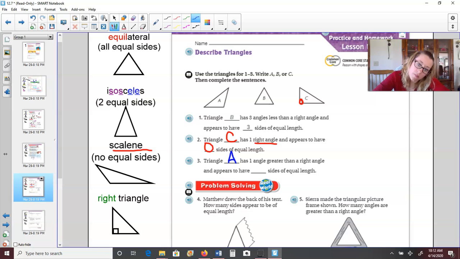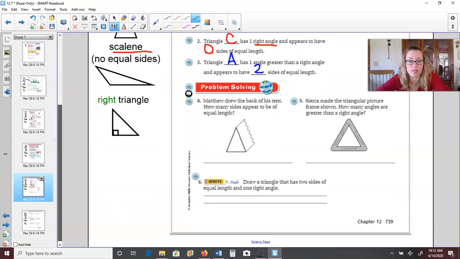It's kind of tricky, but the bottom side and then the right side, you can kind of see now that I traced them in color and I'm moving my head back and forth, those two are the same length. So triangle A would also be an isosceles triangle because it has two sides that are equal.